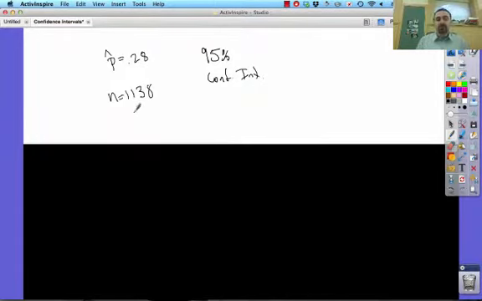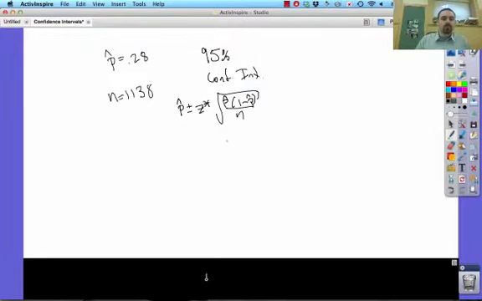So our conditions are satisfied, so we can go ahead and write our confidence interval of the form p hat plus or minus z star times the square root of p hat times 1 minus p hat over n. So we're going to have 0.28 plus or minus, and if we're using 95% confidence, the z star value I need is going to be 1.96.